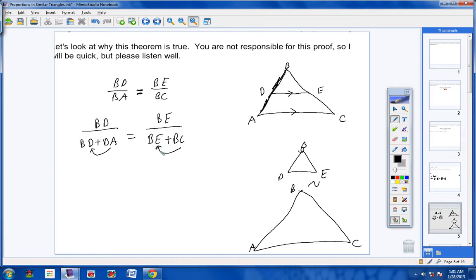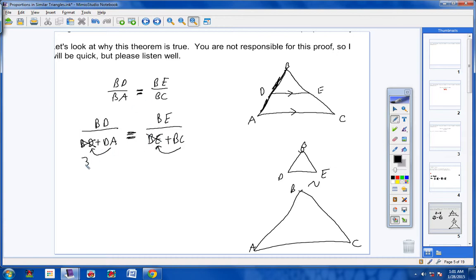This is really good, strong reasoning skills, and that's where years ago they got these theorems, okay? So watch this. What am I adding to BC here? BE. What am I adding to DA? BD. What do we know about BD and BE? They're equal. So really, there is absolutely no reason why, if these two fractions are equal, which they are, there is no reason why you cannot take this away and this away from the bottoms of the fraction, because they're equal.